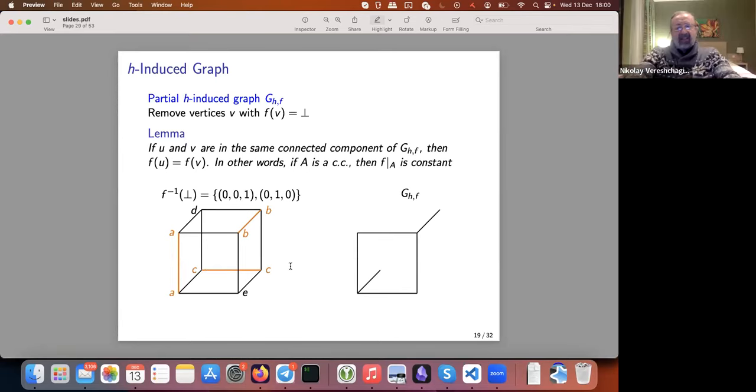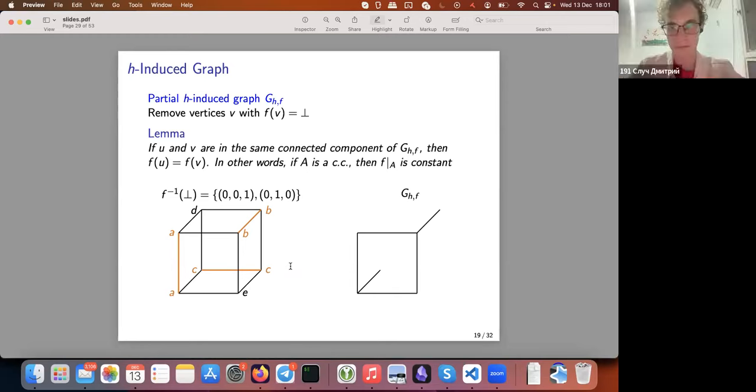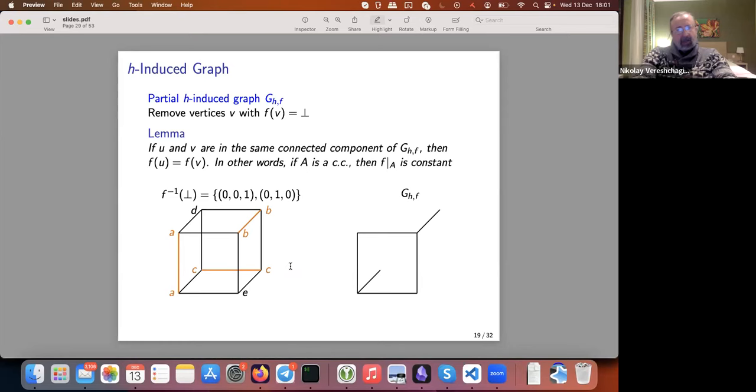The graph consists of all edges parallel to good shifts. Okay, so you reformulate it in this way. Still, it's a hard combinatorial characteristic because you need to look through all the h functions.